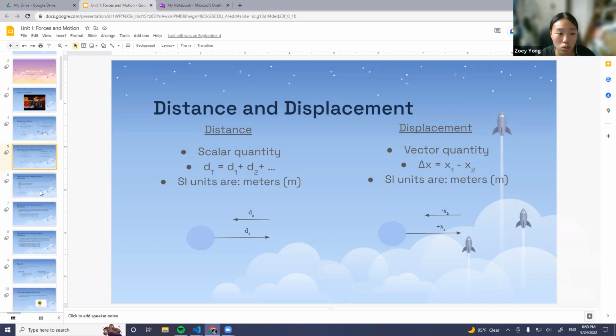And then we also learned average speed, which is a scalar quantity, so also just a number and always positive. And next week we're going to learn its vector counterpart, which is velocity. So speed, you can't have negatives, but velocity, we're going to have some negatives.